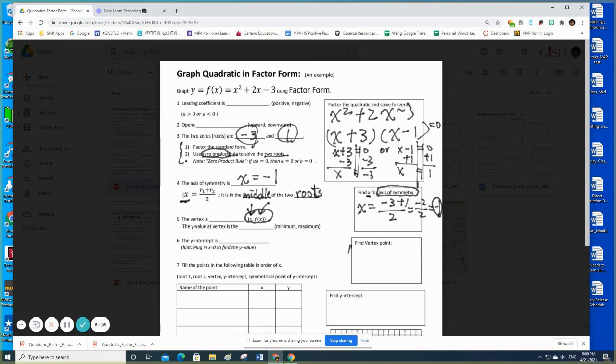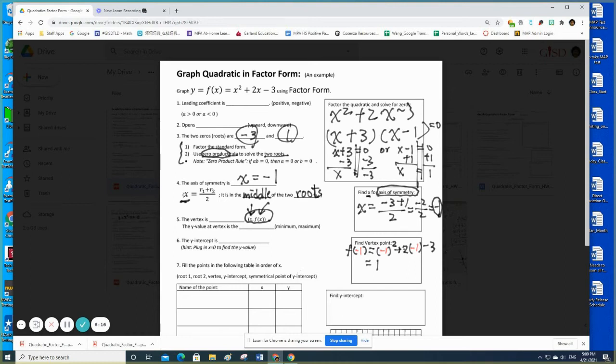Our original function is f of x is x squared plus 2 times x, then minus 3. Now our x is negative 1, so you just plug in negative 1. Then you get square of negative 1 is still 1.